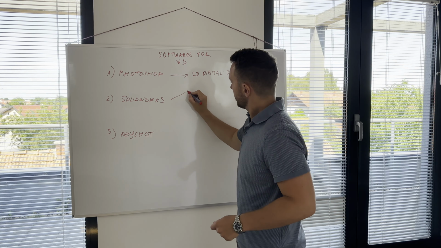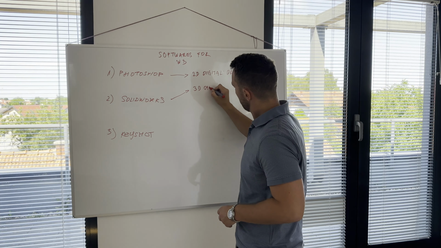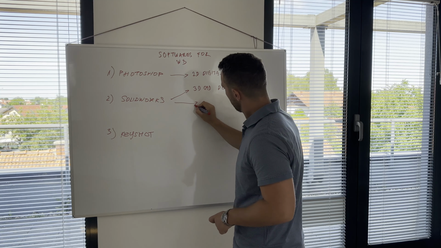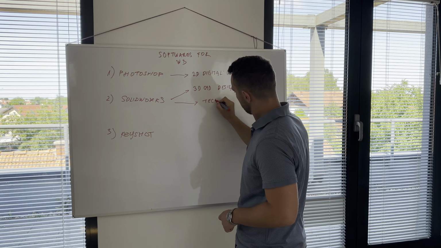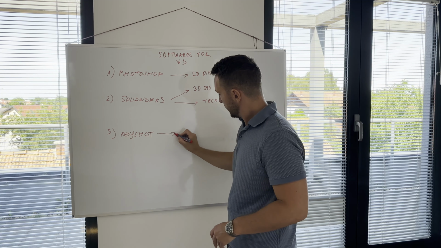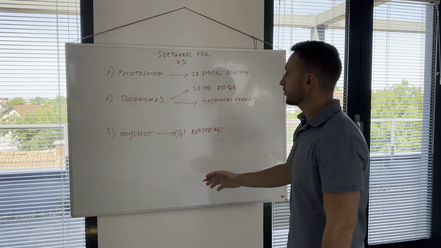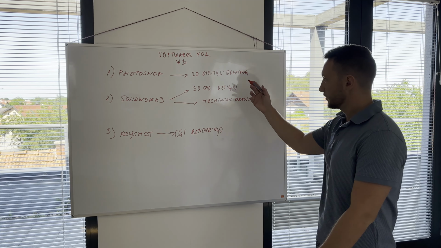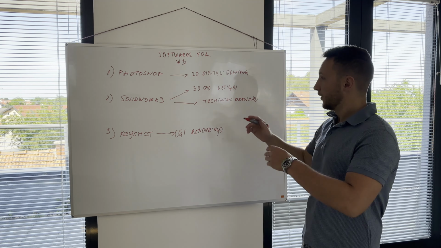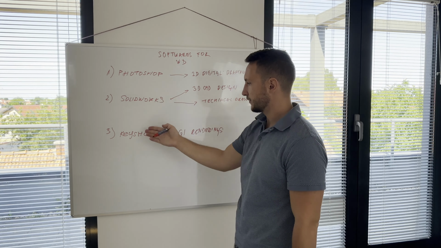With SolidWorks, I do 3D CAD design and I do technical drawings. And with Keyshot, what I do is create CGI renderings. And those are all the three softwares that I use to be able to create a complete watch design through a watch design process. So it's very simple. Those are the softwares that I use.